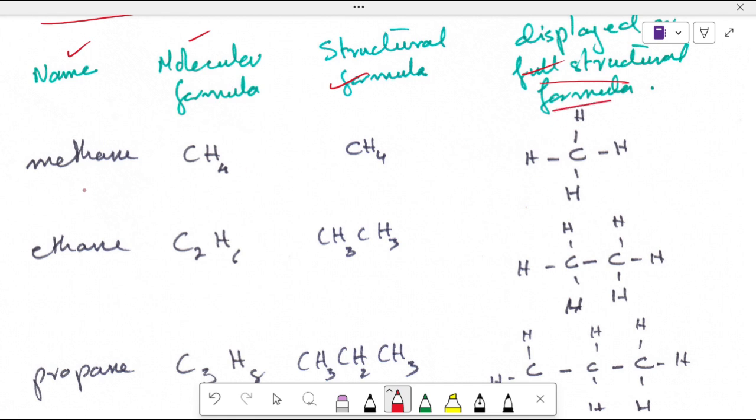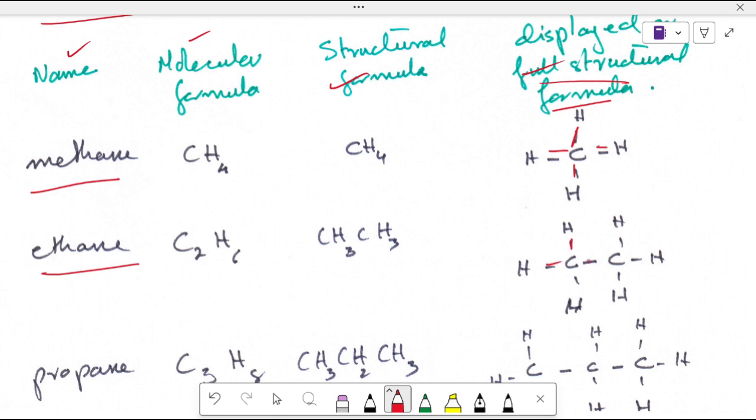Now you must remember that if the question says write the full structural formula, or even if they say structural formula, you have to show all its bonds. For methane, we are showing all the bonds. Ethane, you can see. And there is one thing you must remember: each carbon atom should be forming 4 covalent bonds.